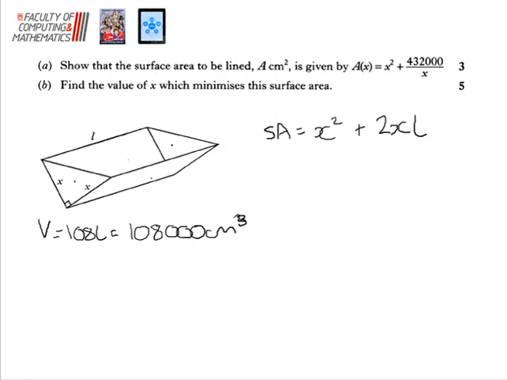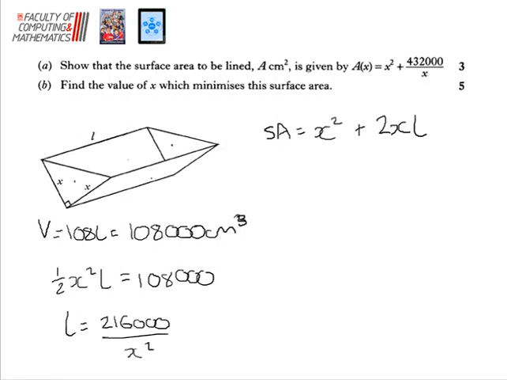Now the volume of that prism is the area of the cross section times the length. So the volume is half x squared times the length, and we know that's 108,000. Times by 2 to get rid of the half makes that 216,000, and then divide by x squared means that L is 216,000 divided by x squared.